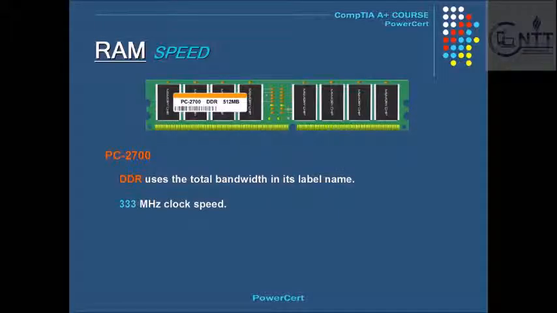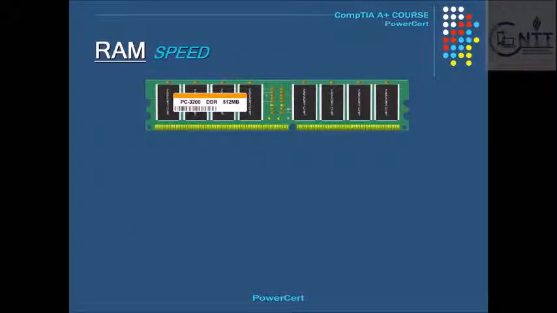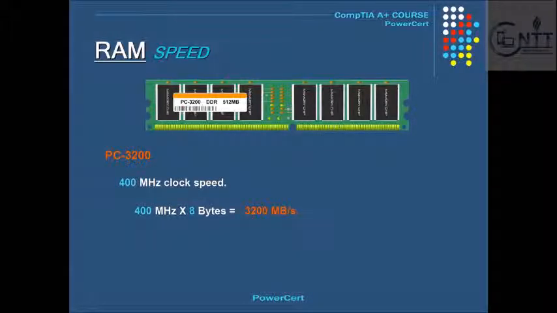So 333 megahertz times 8 bytes is rounded off to 2700 megabytes per second, which is where we get the name PC2700. Another example is PC3200. PC3200 has a clock speed of 400 megahertz, so 400 times 8 equals 3200, which is where we get the name PC3200.